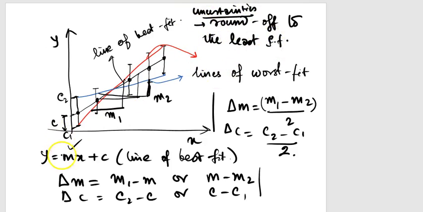Okay, so your gradient might be in 3 SFs, but your uncertainty in gradient cannot be in 3 or 4 SFs. It should be rounded off to the least possible SF that is allowed by the experimental data. All right, so that is something that you need to keep in mind.